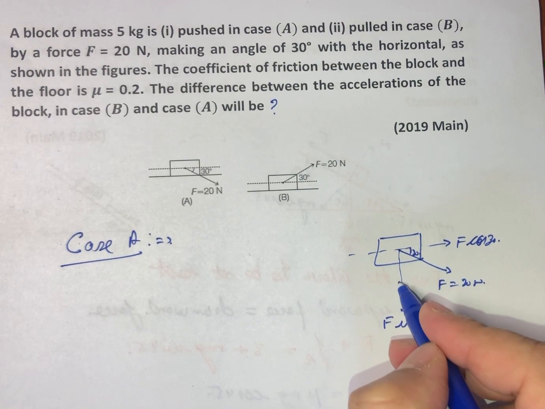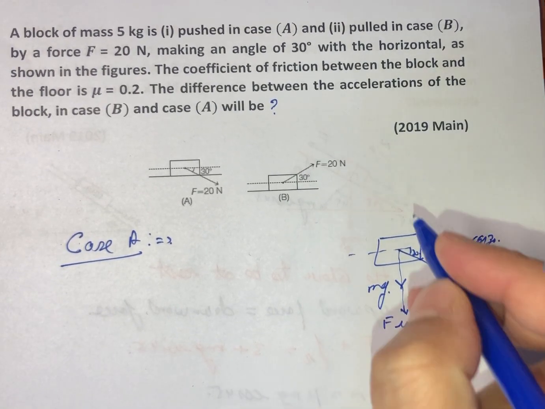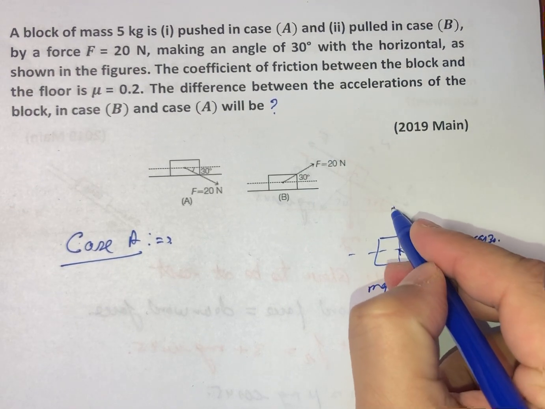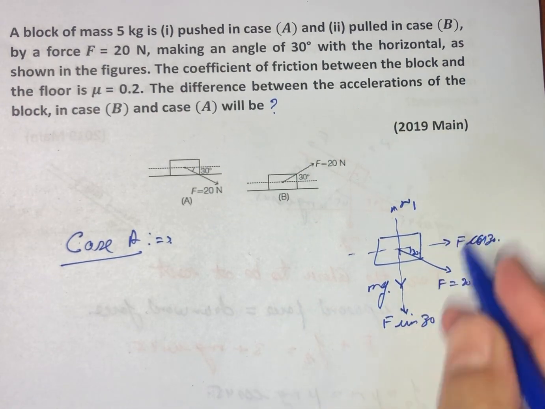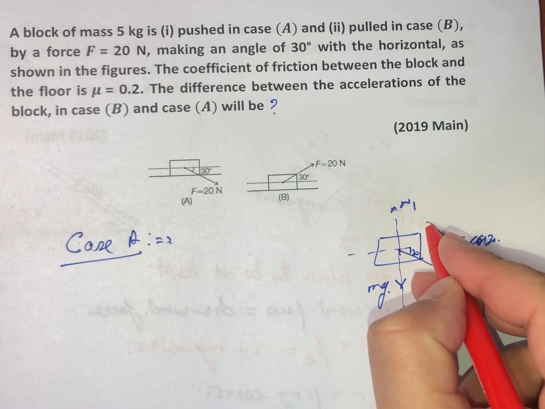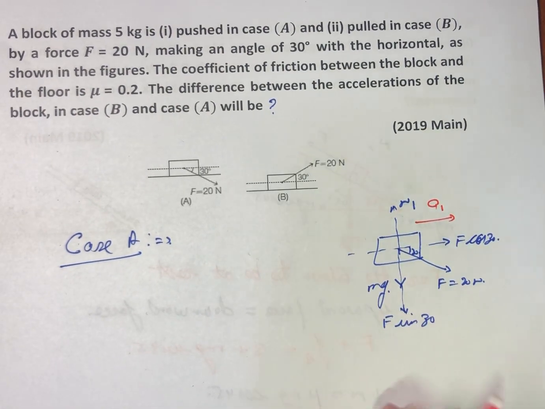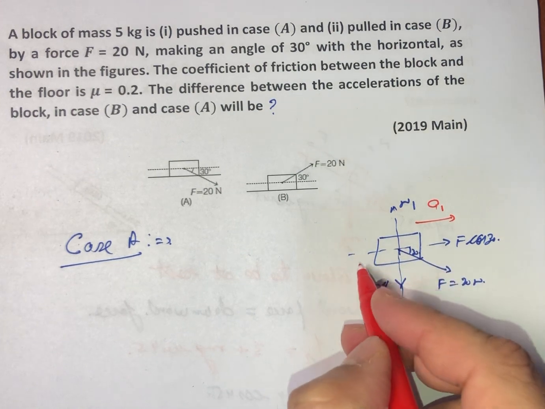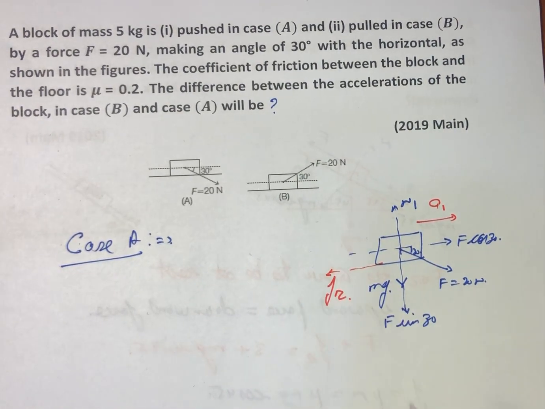The other force acting in the downward direction is mg, and there will be the normal, let us call it N1, and there is a friction Fr in the opposite direction. Let this block move towards the right with acceleration a1.